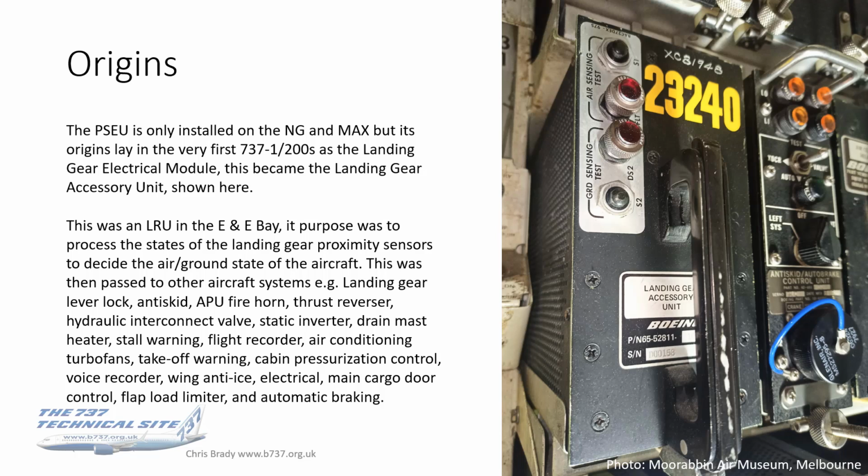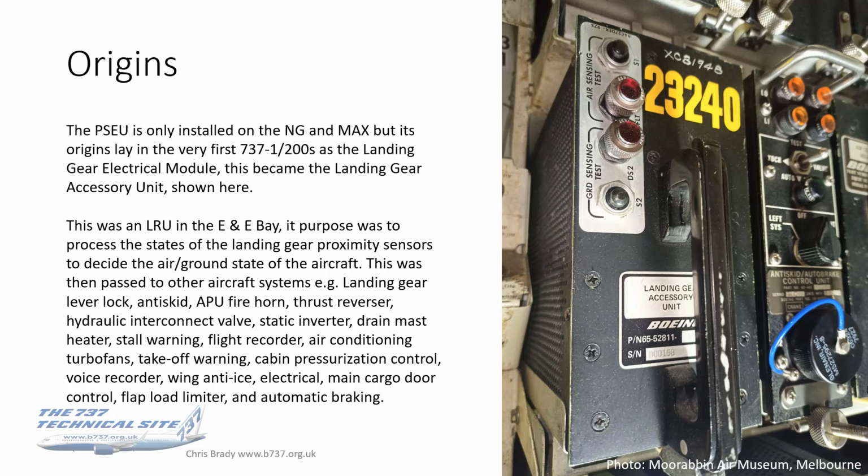That was then passed on to other aircraft systems, and the exhaustive list as of the originals, so these are 737-100s and 200s, was just landing gear lever lock, anti-skid, APU fire warning, thrust reverser, hydraulic interconnect valve, static inverter, drain mast heater, store warner, flight recorder, aircon turbofans, takeoff warning, cabin pressurization control, voice recorder, wing anti-ice, electrical systems, main cargo door control for those that had it fitted, flap load limiter, and auto brakes.